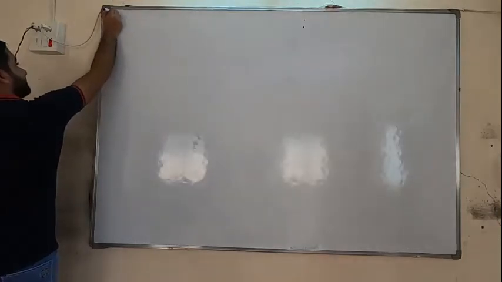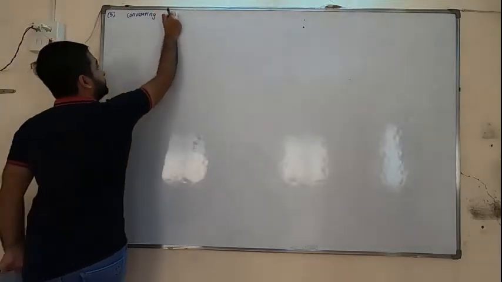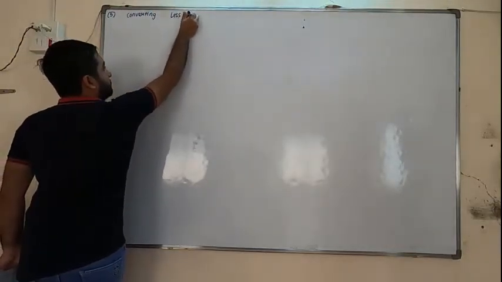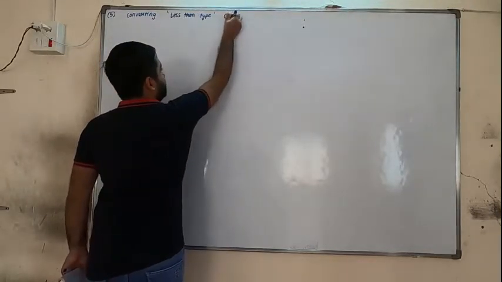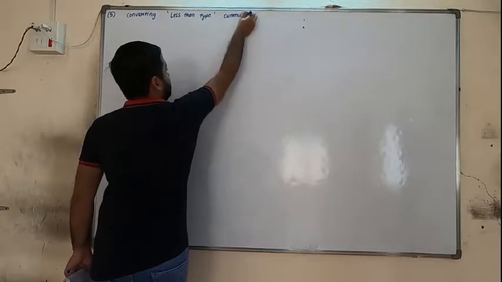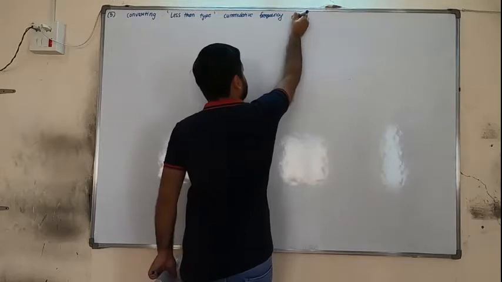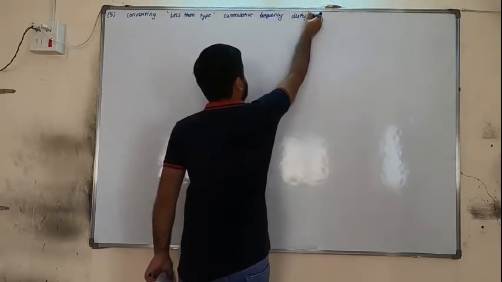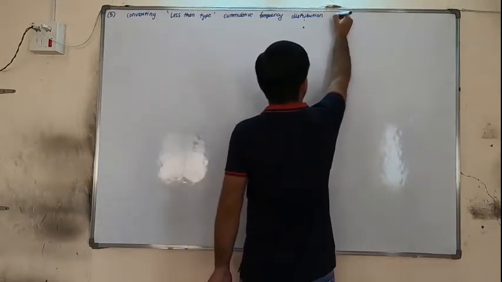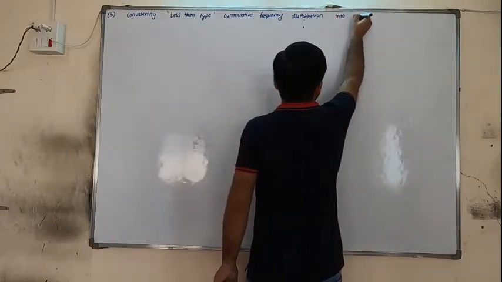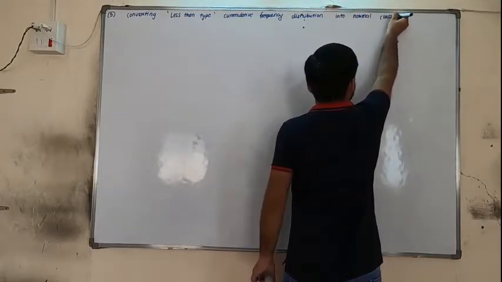Okay. Sum number 5. Converting less than type cumulative frequency distribution into normal classes.